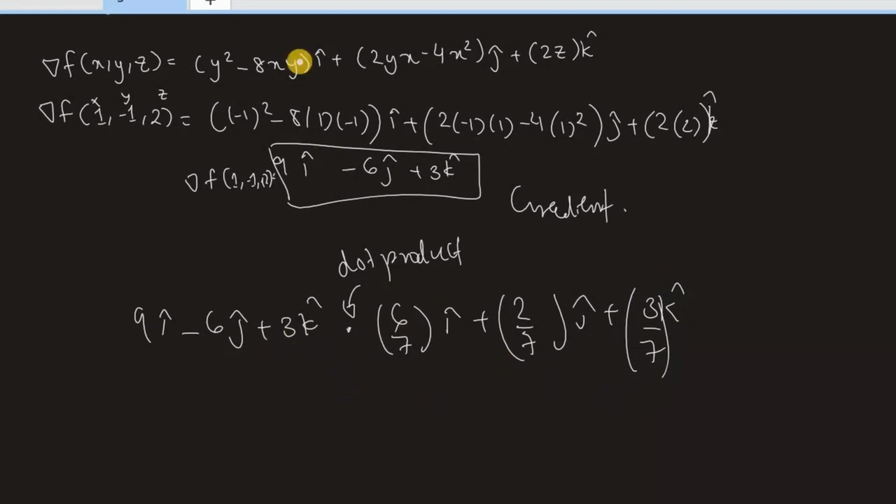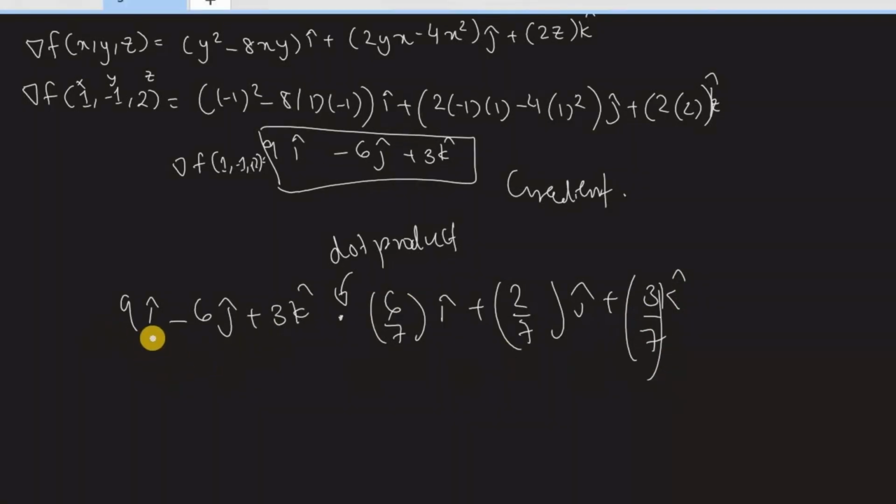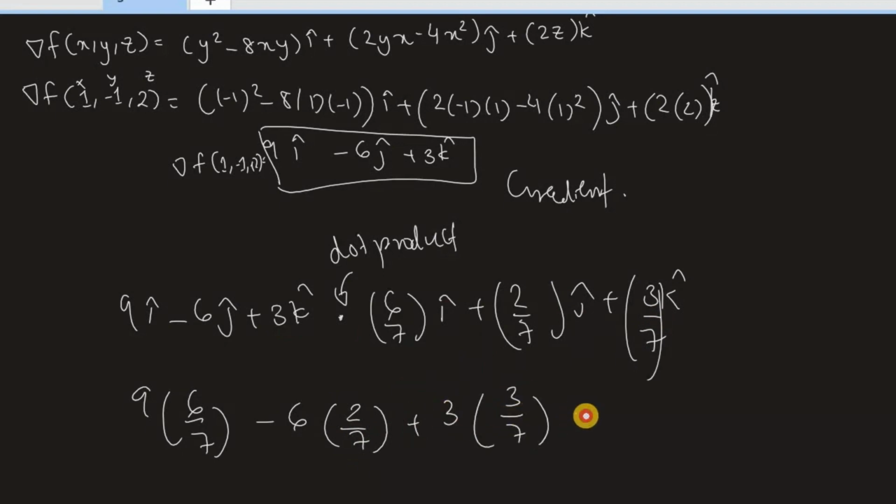So how do we do the dot product? We have to do 9 times 6/7, plus, oops, that's a negative, I forgot, -6 times 2/7, and 3 k hat times k hat, which is 3 times 3 over 7.